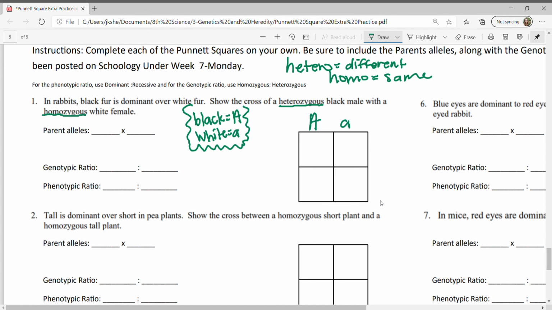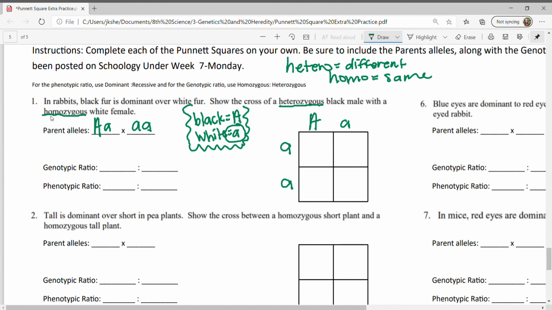Whereas the homozygous white female, homo means same, and if she is white, that's going to be a recessive allele. So we know that she will have to have two recessive alleles for her genotype. You will sort all of this out, and it also asks for the parent alleles right here, so we know that one is heterozygous and the other one is homozygous recessive.